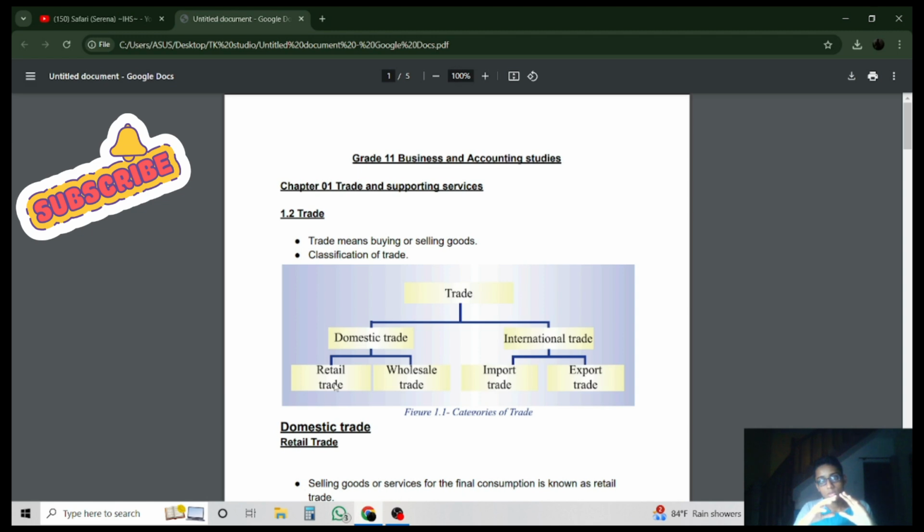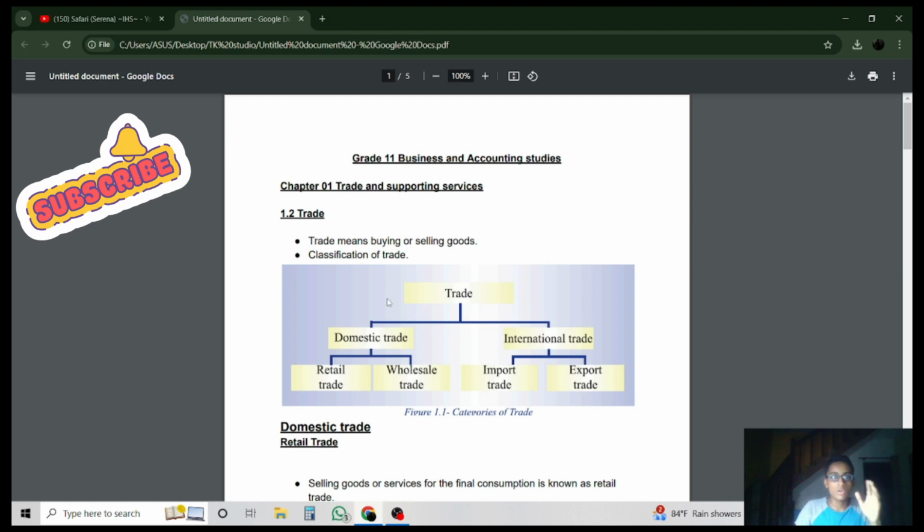Then the other four lessons are about accounting. Today I'm going to summarize 1.2, that means trade. The topic is trade and supportive services. In this video, I'm going to summarize the points about trade. So without further delay, let's move on.